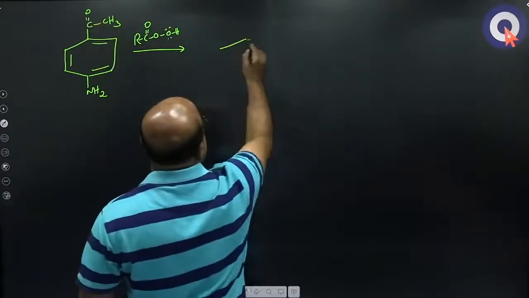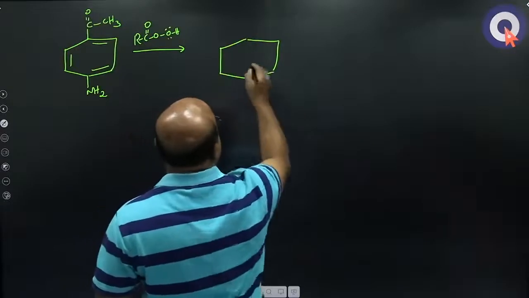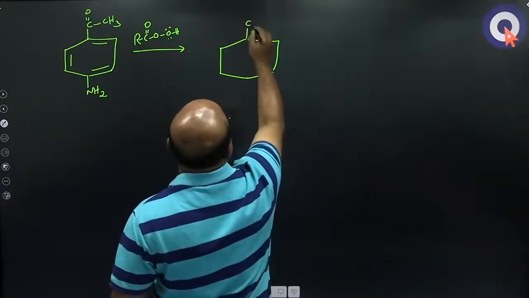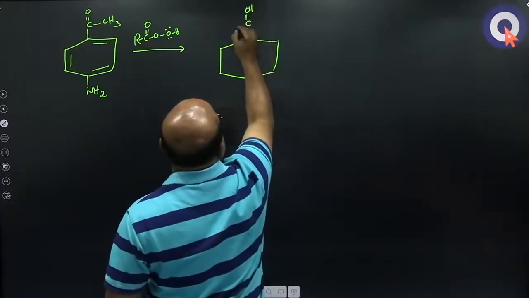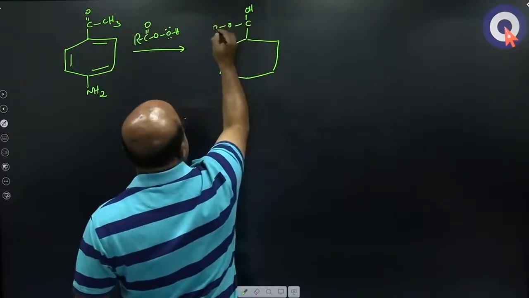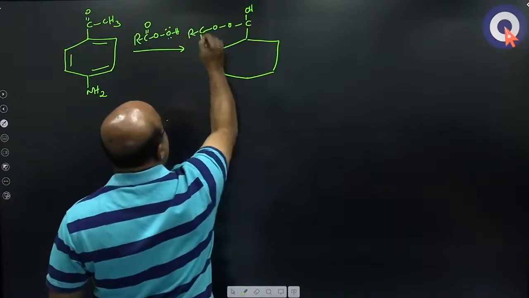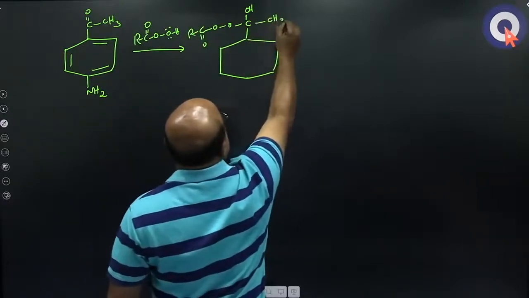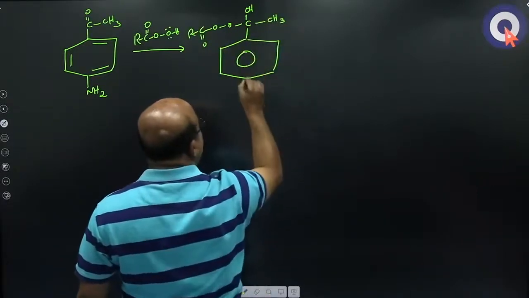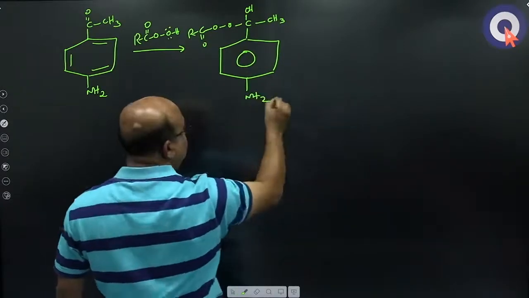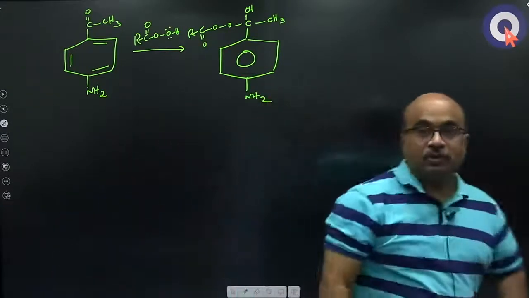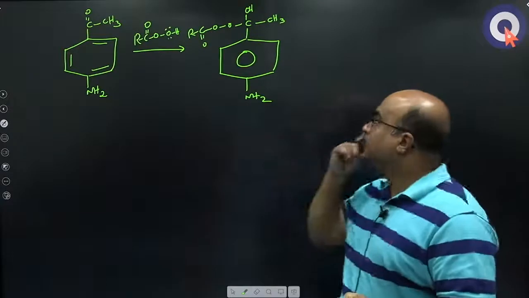So you will see formation of this: C, OH, O, C double bond O, R here, and CH3, and you just write the benzene ring simply with NH2. Okay.